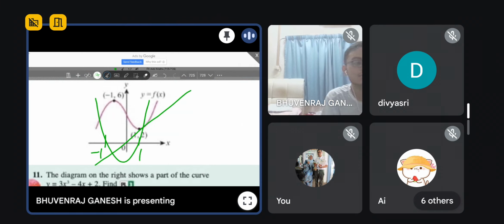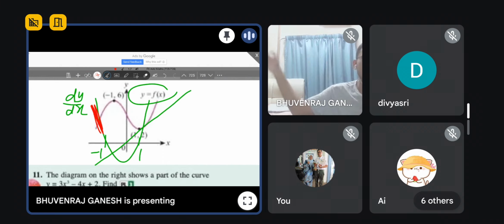So actually, if you see, this is your y equation. This is dy dx. Okay, so it doesn't mean the tangent must be an equation of a straight line. Tangent just means at that specific point, you can have a straight line. It doesn't mean for the whole journey of the graph. Only at that specific point, you draw a tangent, then you can find the gradient.